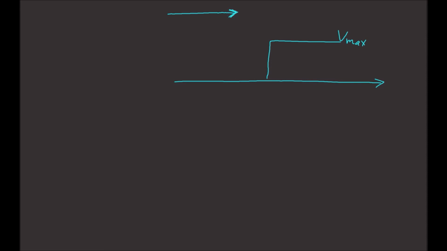You would think that the transmission coefficient is equal to 1 and the reflection coefficient is equal to 0, because the energy is greater than the potential energy, so it's just going to pass through it. But this is actually not true.